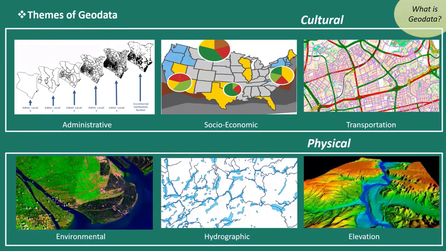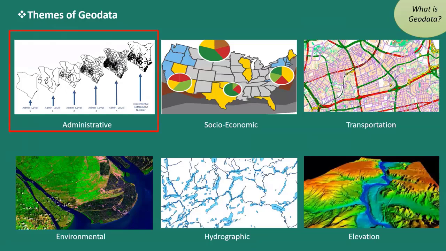Within the cultural, we have the administrative. So then we talk about boundaries, cities, administrative levels, states, etc. And then we have socioeconomic. Socioeconomic is when we want to show on a spatial overview the distribution of a numeric value.